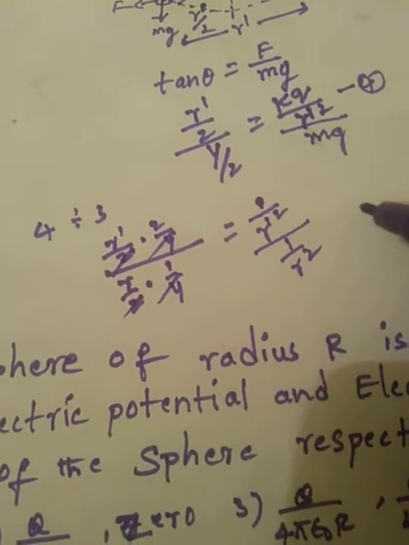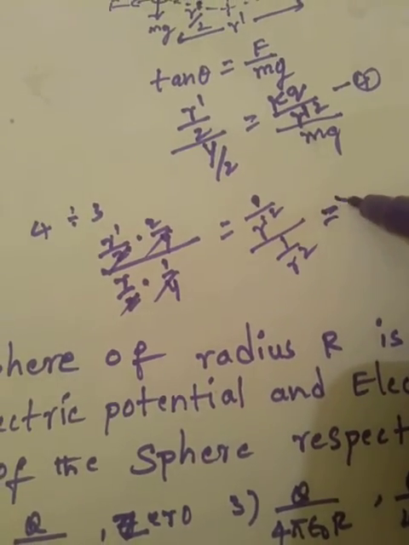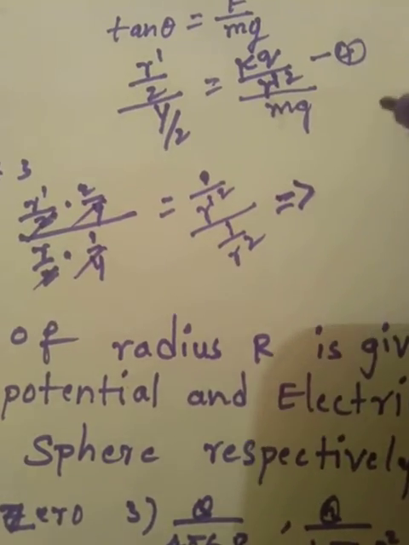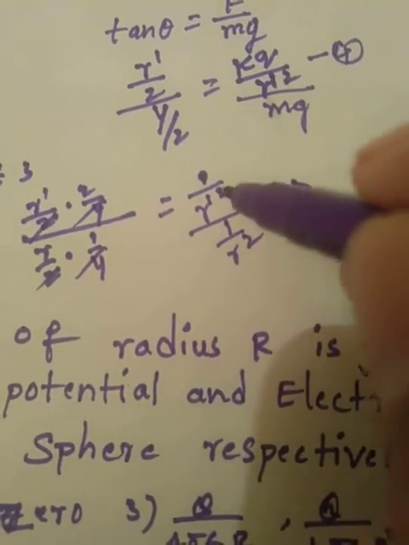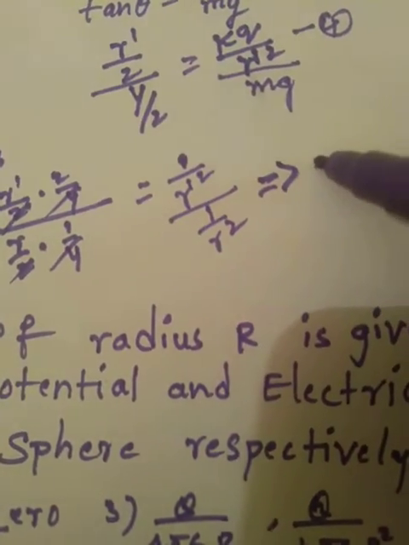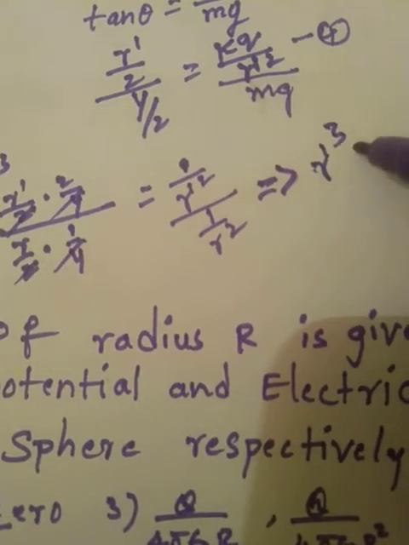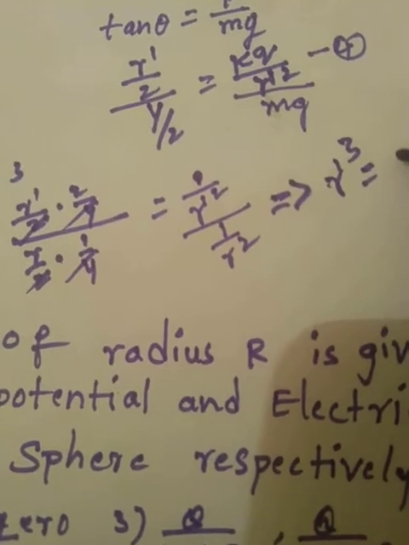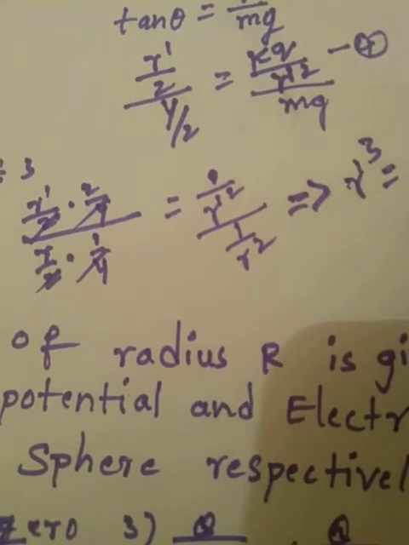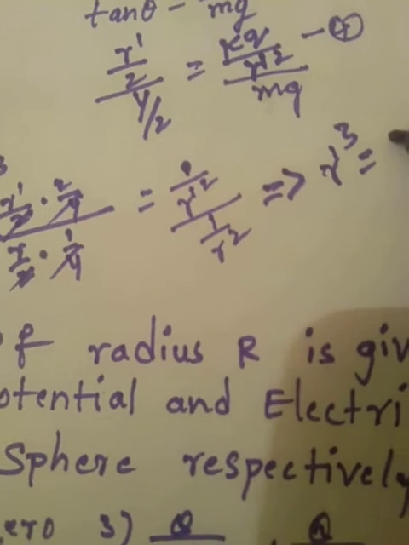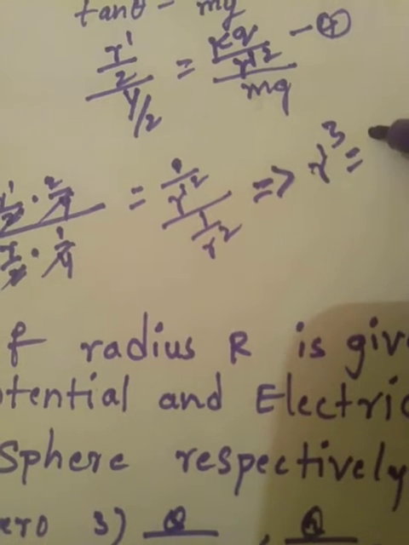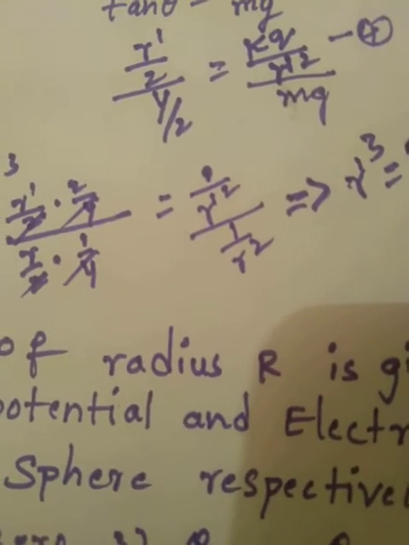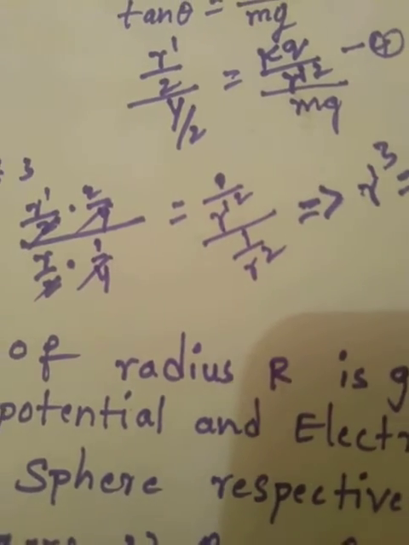So when I bring this r dash over and rearrange, this r dash square will go to this side, then it will be r dash cube, that is equal to this 2 will be there, and r will be there, so remaining it is r cube divided by 2.